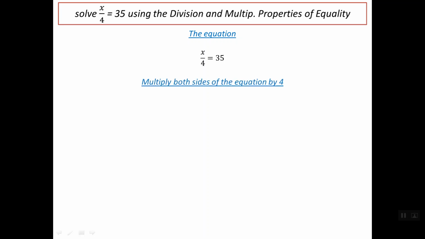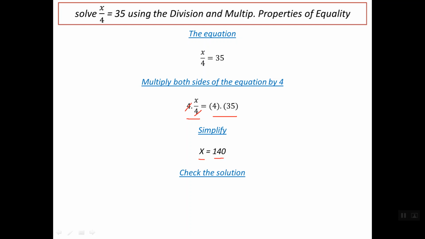So the left side becomes 4 times x over 4, and the right side is 4 times 35. Simply we can simplify this 4 and this 4. So the left side becomes x alone, and the right side of the equation is 4 times 35, which is 140. So this is the solution for the linear equation.